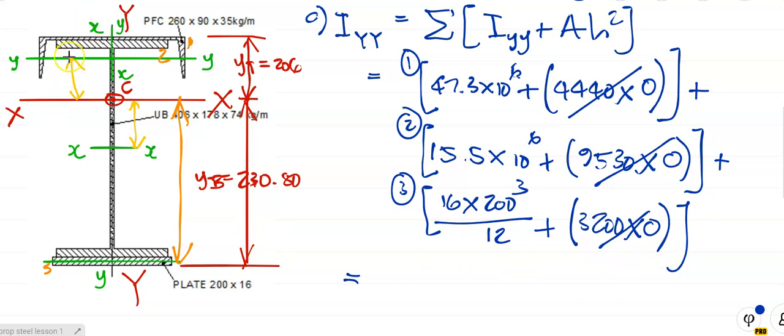If you get symmetry about the x axis, the distances on the vertical axis will be 0. You need to understand where, to get it right. So, in this particular example, the IYY is just going to be the sum of the second moments of area of these three sections. So, it's going to be this plus that, effectively. So, it's going to be so many millimeters to the fourth.